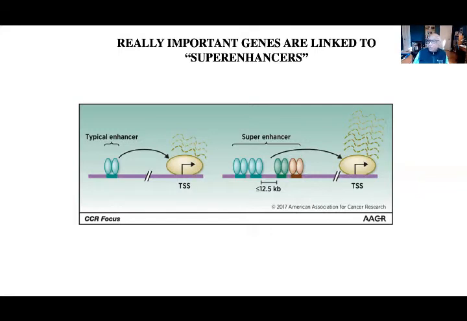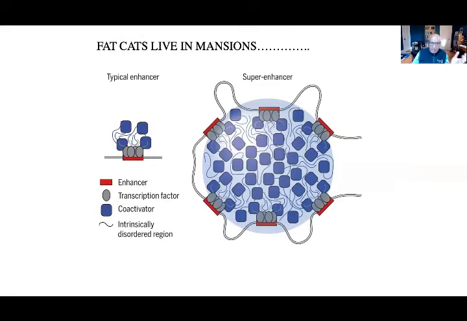It's just a tool to use. Basically, this slide says a similar thing: with a typical enhancer, you form this structure over here. It's a TAD, or topologically associating domain. In the case of a super enhancer, you have a lot of binding sites, a lot of transcription factors, a lot of protein-protein interactions driving this. And this is why this gene is expressed so much better in that particular cell type.